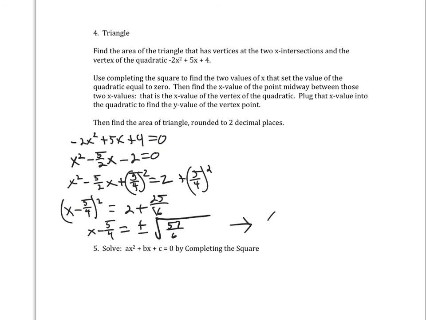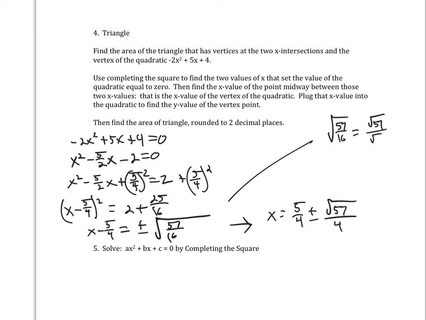And that's going to give me that x is equal to 5/4 plus or minus the square root of 57 over 4. This should be a 16, and I turned the square root of 16 into 4. Basically, I said that this is equal to the square root of 57 over root 16, which is equal to root 57 over 4.